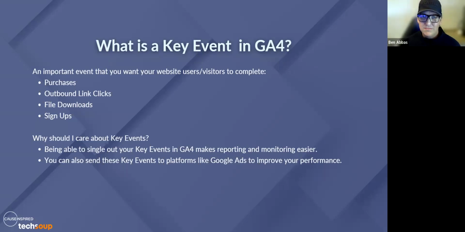Why should you care? Because being able to single out those specific key events is going to make your life so much easier for reporting and being able to monitor what your website is doing.